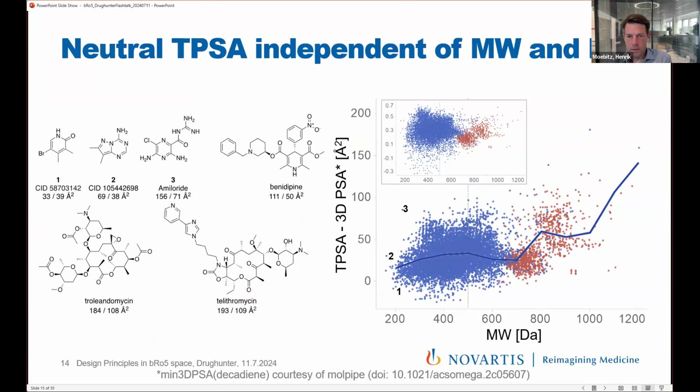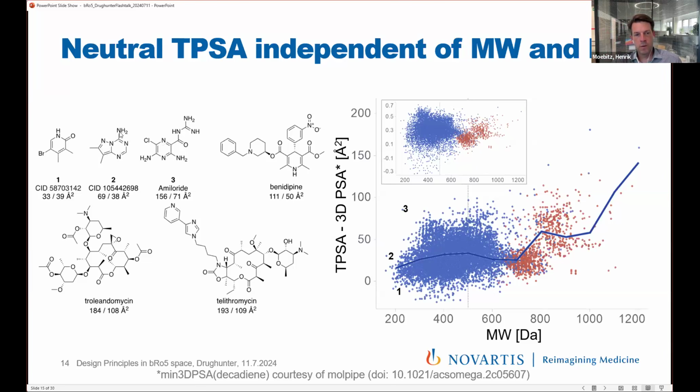And we can pick out some compounds that have a very high or low neutral TPSA. For instance, the millerite is a compound with a lot of intramolecular hydrogen bonds, but none of them are dependent or change as a function of the environment. You can actually view this as a pseudo cycle. The compound 2, a kinase-like hinge motif, also has a high neutral TPSA.